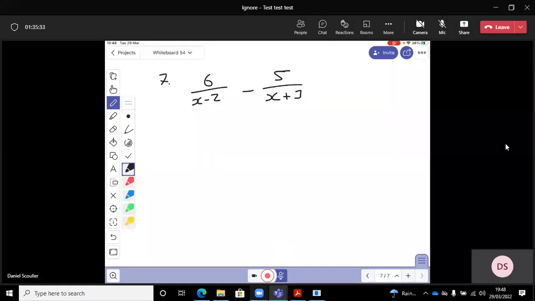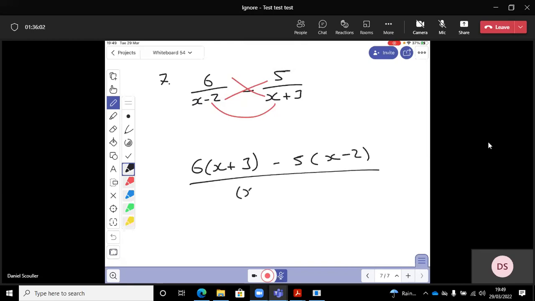So, multiply across, and then create a common denominator. Okay, so important parts of this is signs that we use when we're multiplying out, and how we write out the bottom.